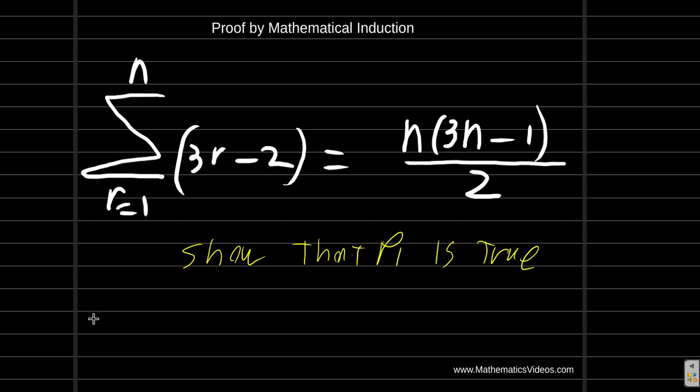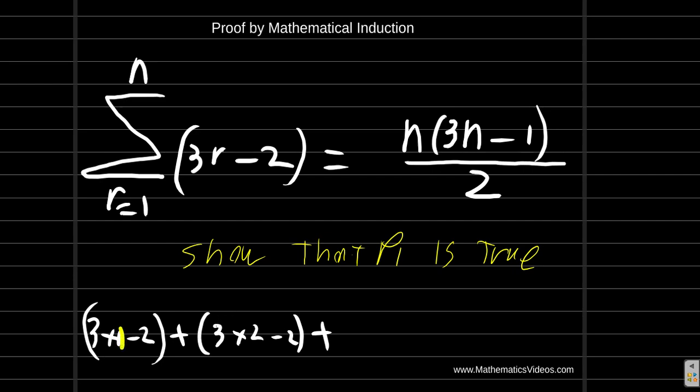When r equals 1, you have 3 times 1 minus 2, plus, when r equals 2, you have 3 times 2 minus 2, plus, when r equals 3, 3 times 3 minus 2, and so on.